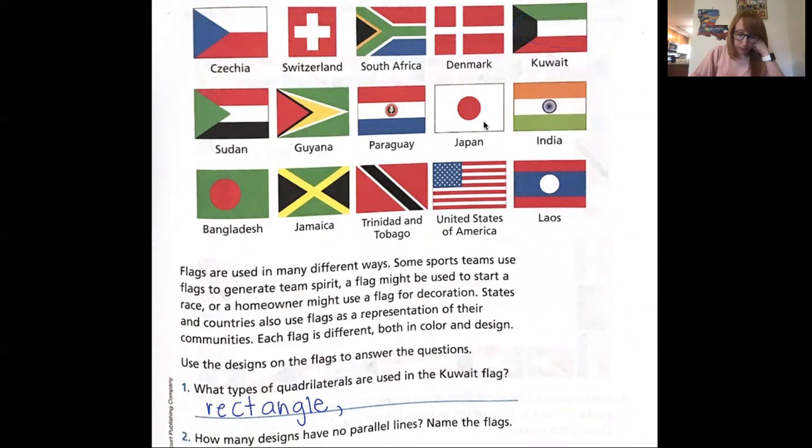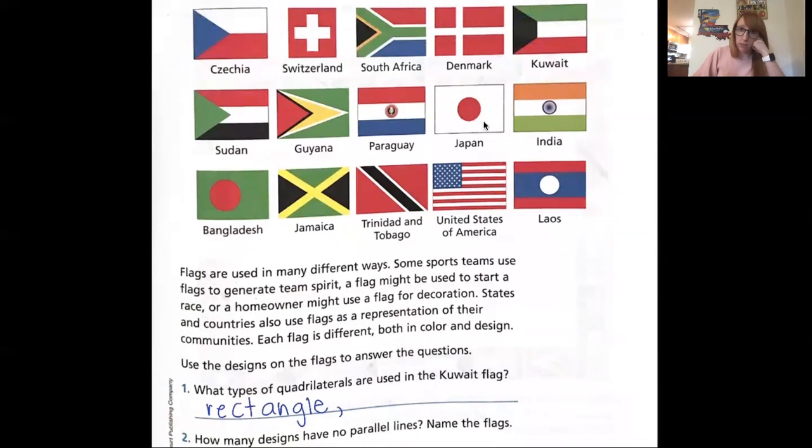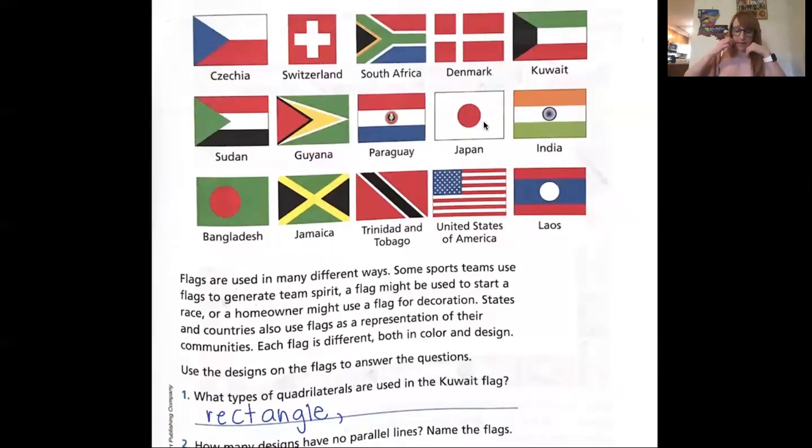Now, if we look at the green and red, those are the same shape, just flipped, right? So the green and red both have 2 right angles, and they have exactly 1 pair of opposite sides that are parallel. So that would make the green and the red quadrilaterals trapezoids. If we look at the black shape, we notice acute angles and obtuse angles.